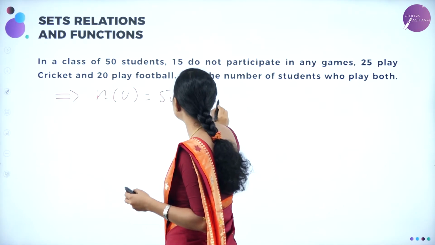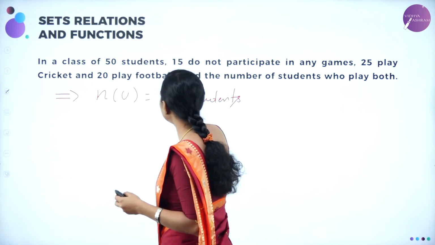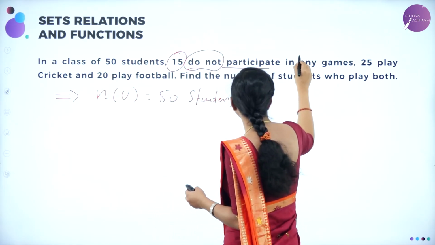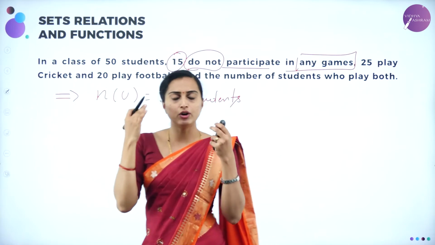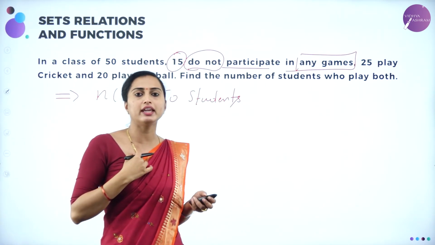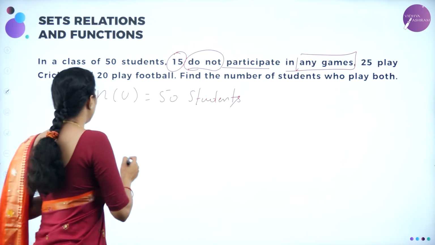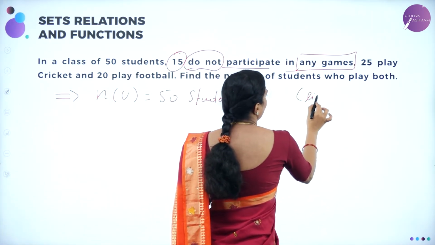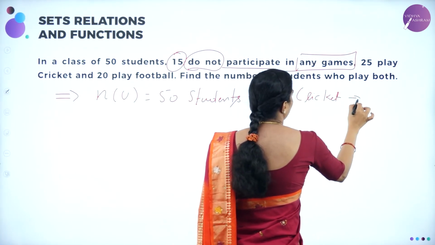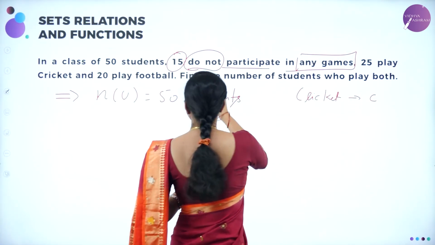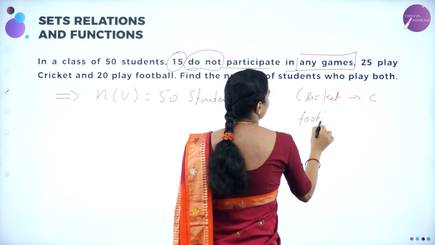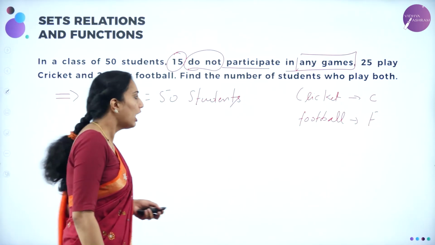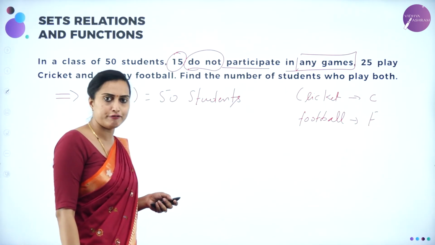And then what they have given? 15 do not participate in any games. Not participating in any games means what I can write as the union. The union is of football and cricket. Cricket I am going to take as C, and football as F. So the number of elements of C union F means what?